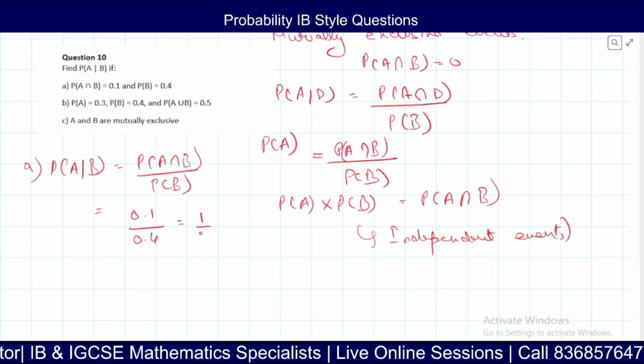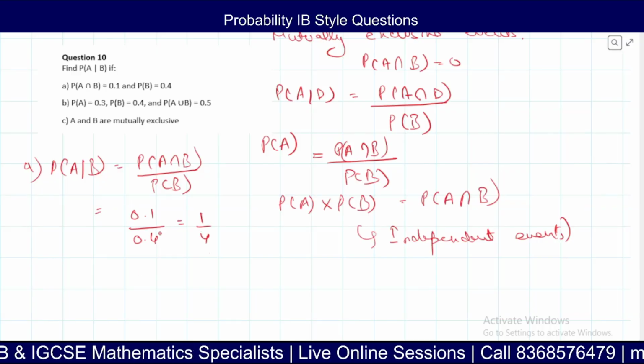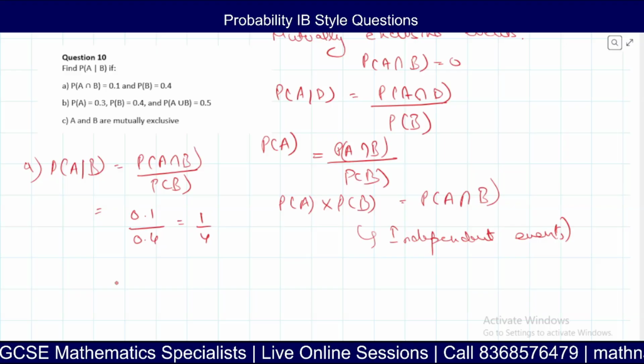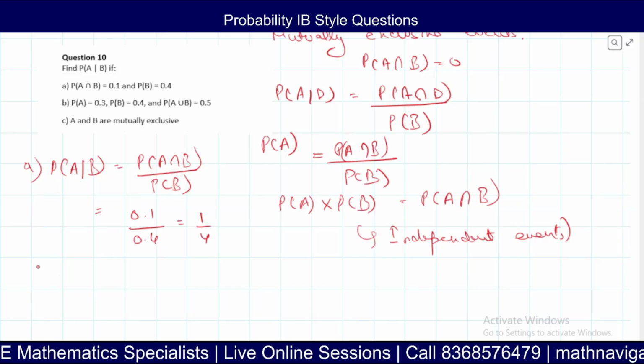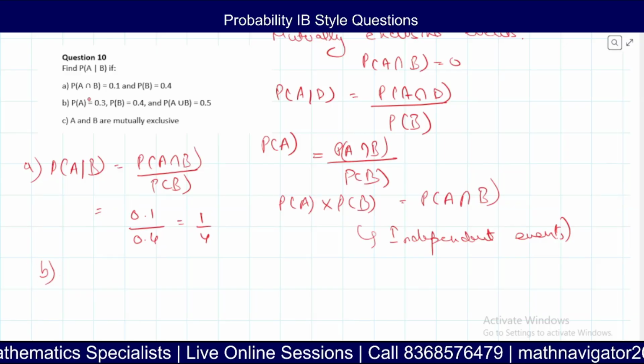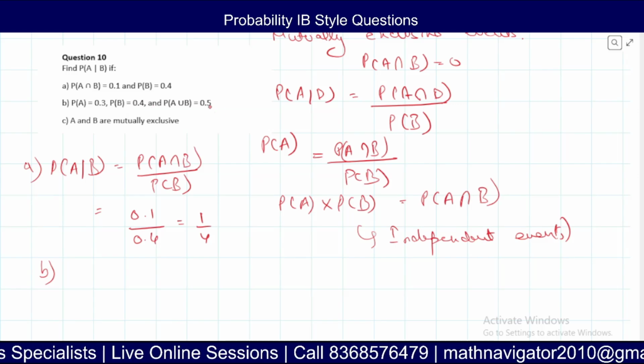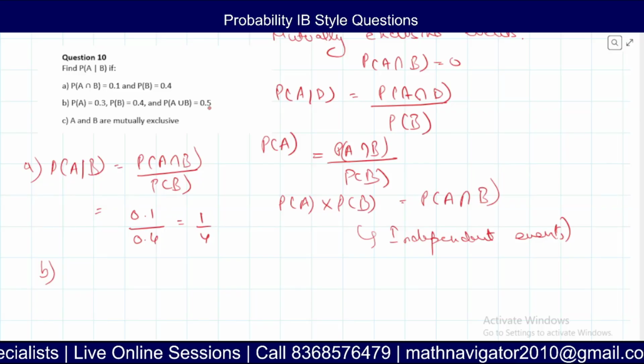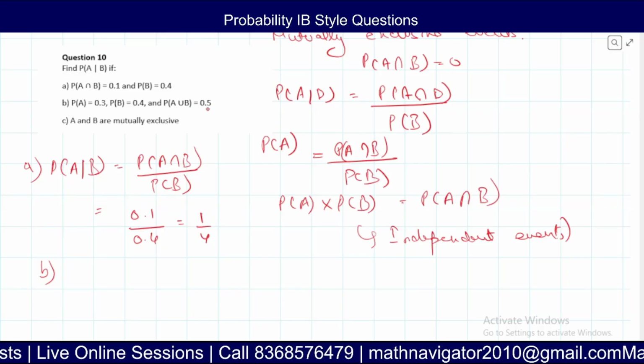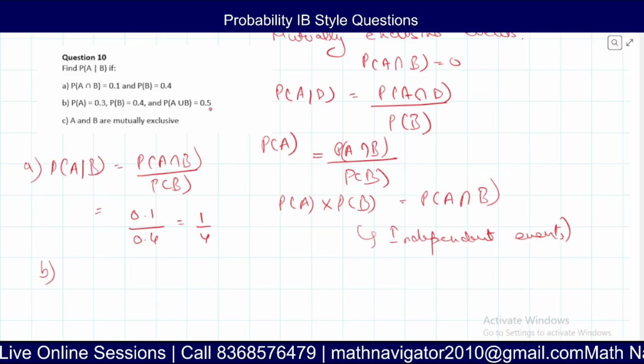So this is 1 over 4. You can leave it in fraction, or you can find it with the calculator, whichever way you like. Probability of A is equal to this, probability of B is equal to this, and probability of A union B is equal to this.